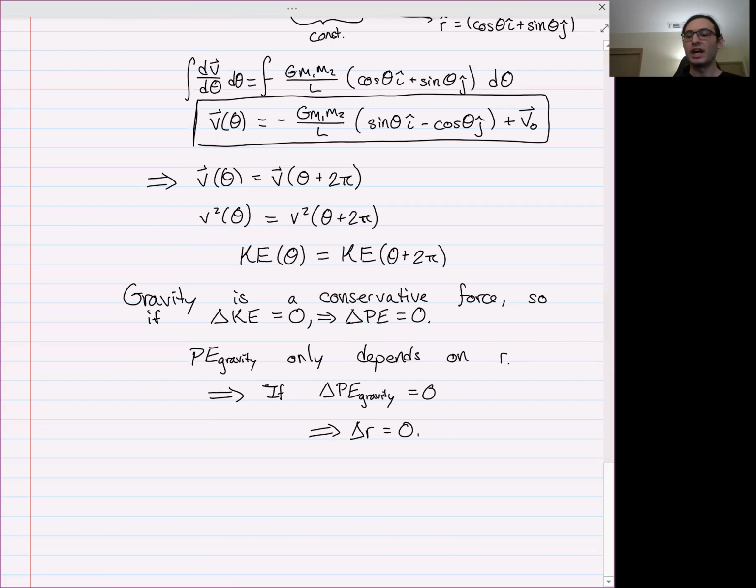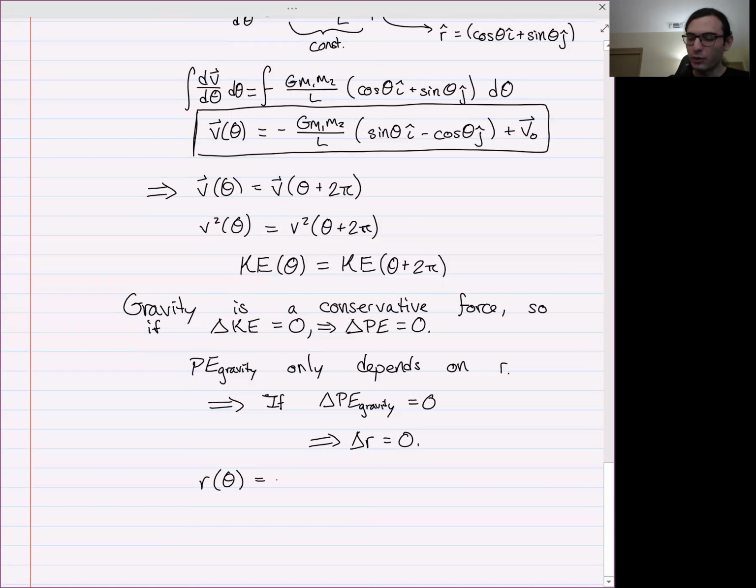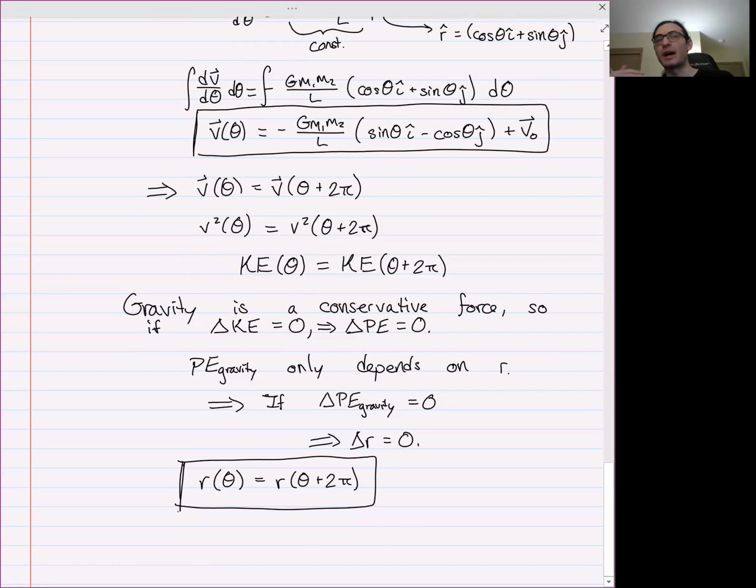And so what we've then concluded is that r of theta is equal to r of theta plus 2 pi. I.e., after you make one full rotation, the distance you're at is the same distance you were at before you went through one full orbit. And so this is the proof, or at least a proof, that the orbits are closed, i.e. that you end up back where you started after one full rotation.